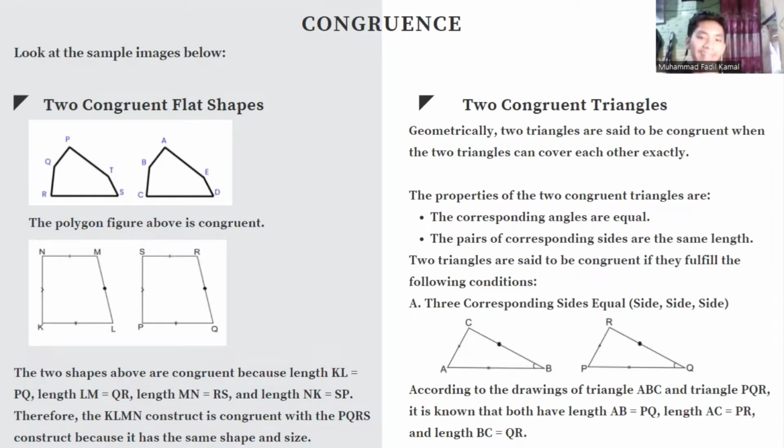First, A: corresponding sides equal, side-side-side. According to the drawing of triangle ABC and triangle PQR, it is known that both have AB equal to PQ, AC equal to PR, and BC equal to QR.